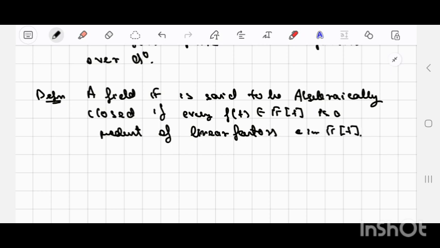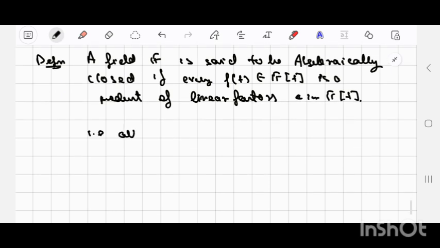In other words, all the elements which are algebraic over F must be inside F.